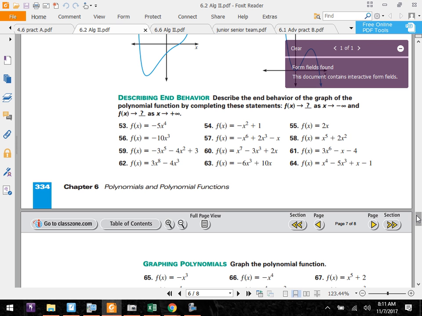Anytime your calculator gives you an invalid dimension or invalid domain values and whatnot, a lot of times the easy way to fix that is to just do a hard reset. Remember how we do the hard reset on those? Second plus 7, 1, 2, second plus 7, 2, 2.